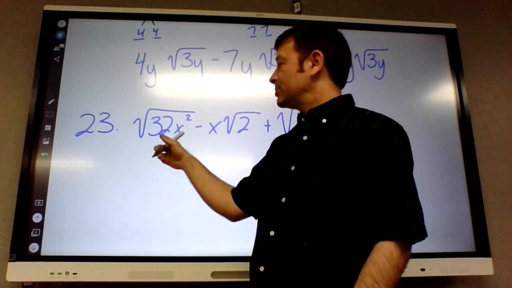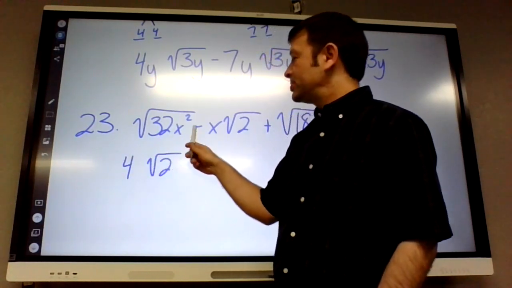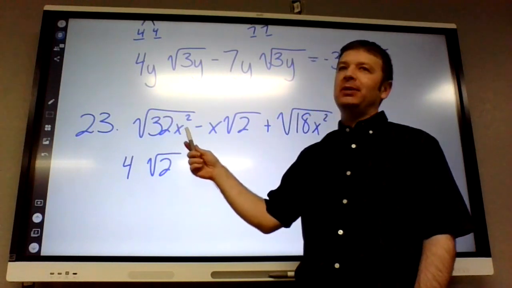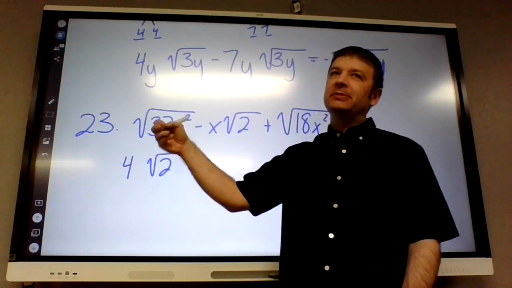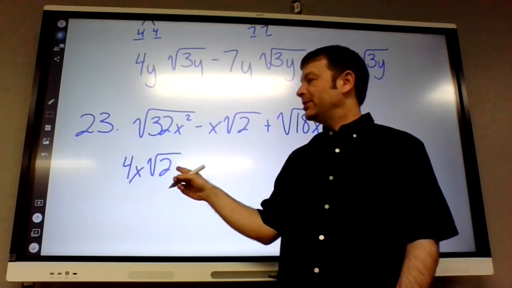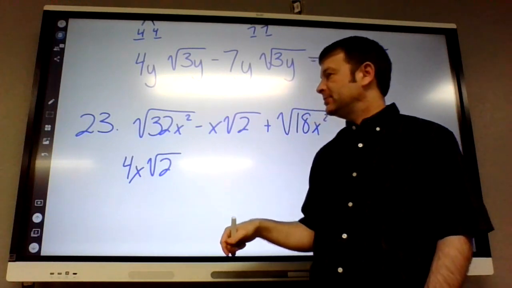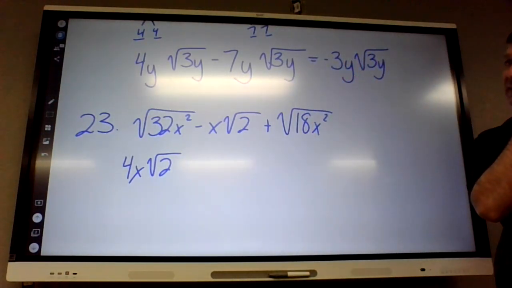It came out as 4 square root of 2, so I'm gonna cheat a little bit there. What's the square root of x squared? Or what's 2 divided by 2? 1. So 1 comes out and no remainder.